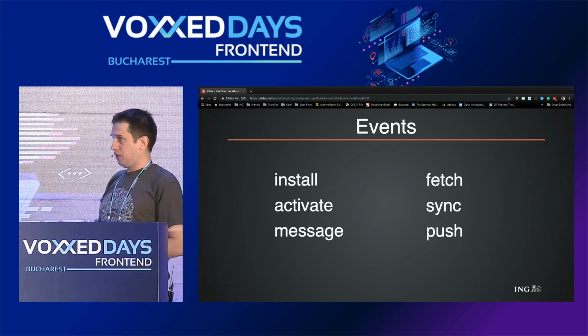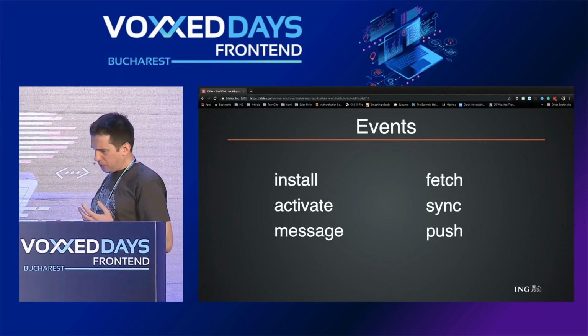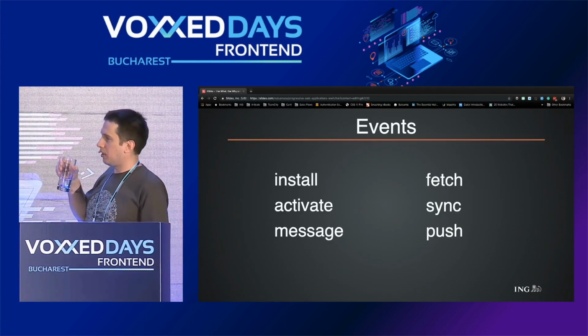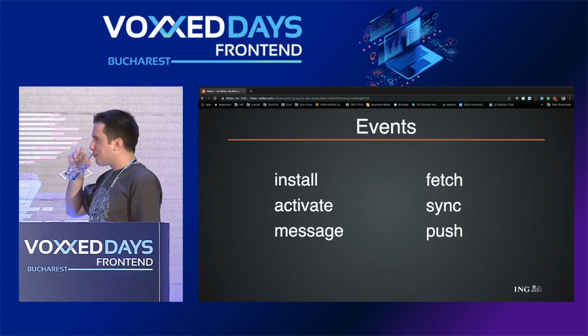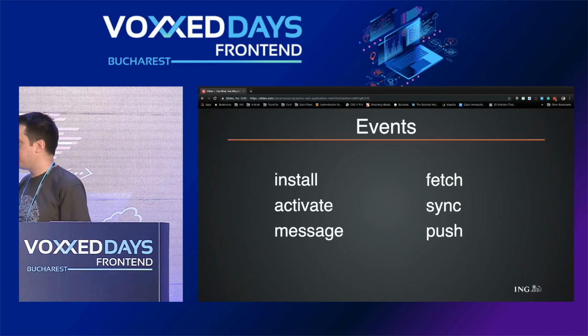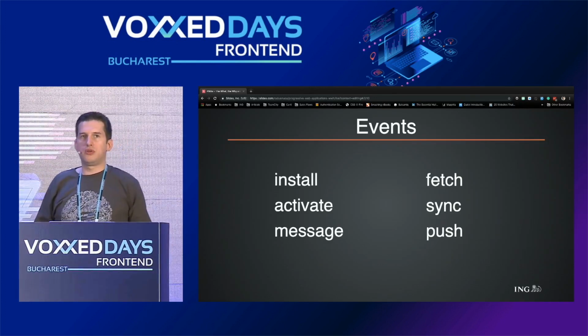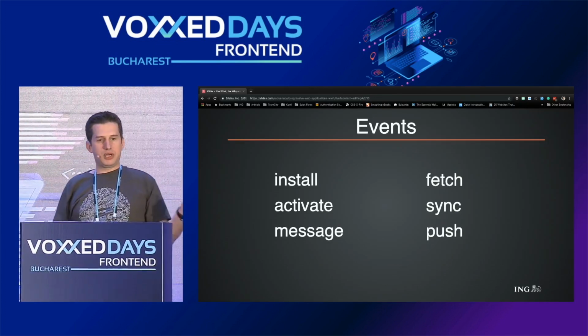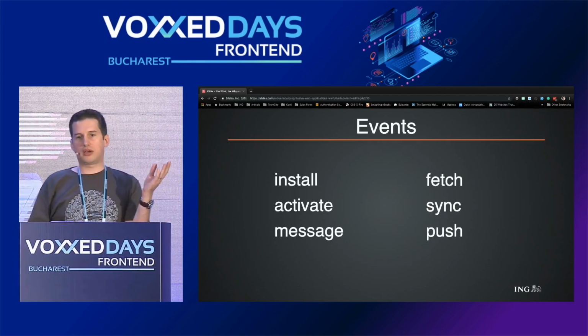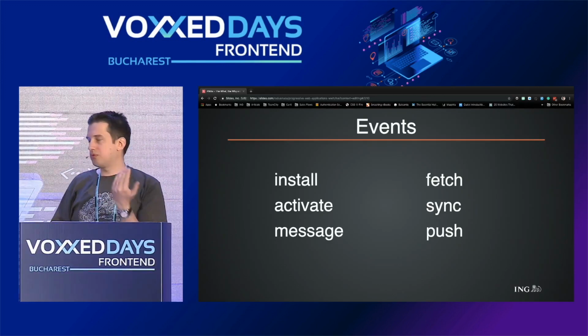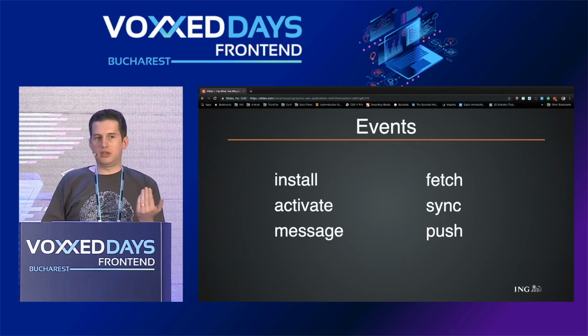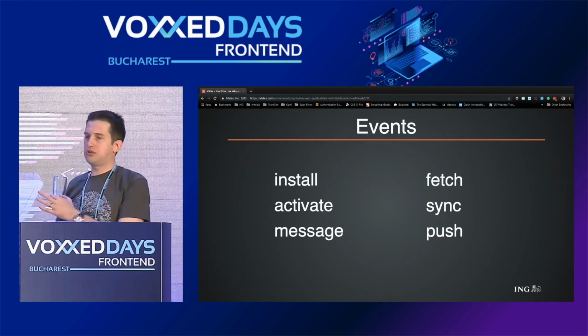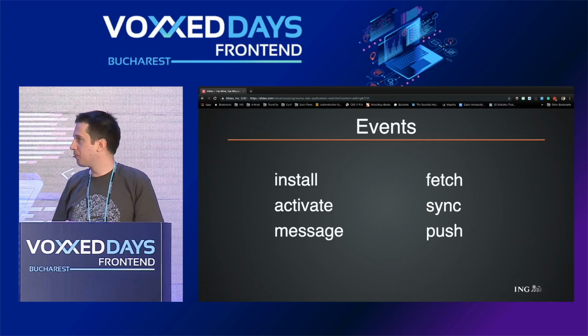Now, service worker will answer to a couple of events, or not a couple, there are 6. I already explained install and activate. Message is when you want to communicate from your page to the service worker, like you do, for example, for web workers. You have to post a message, and you have a chance to respond back on the same callback.